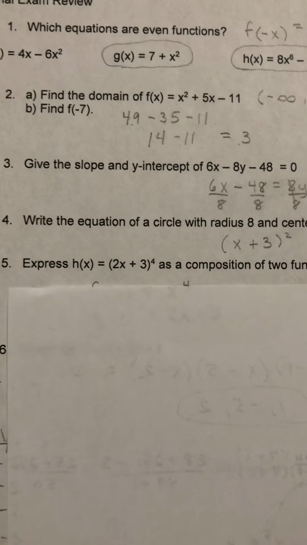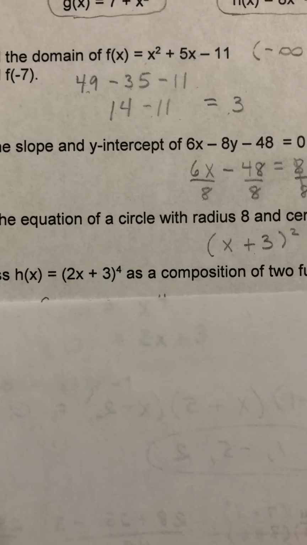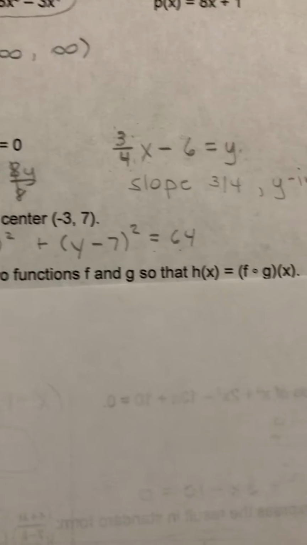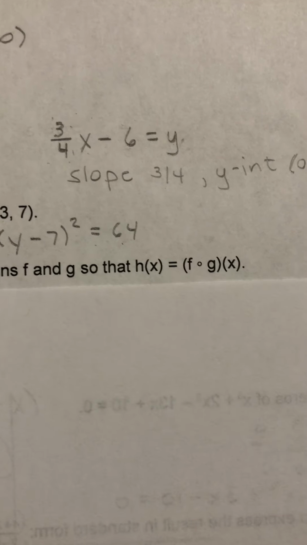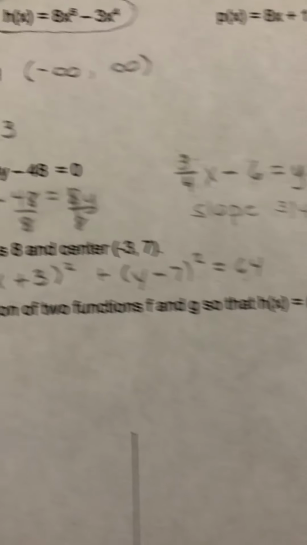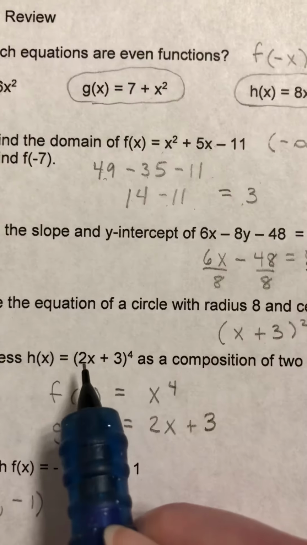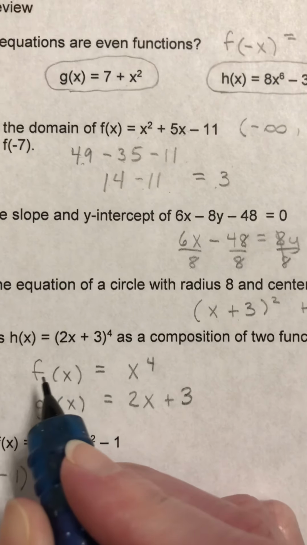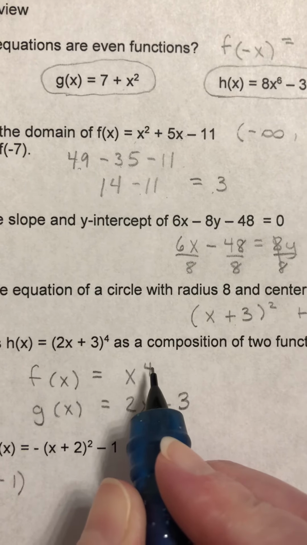Number 5. To express h of x equals 2x plus 3 to the 4th as a composition of 2 functions, f and g, so that h of x is equal to f composed with g of x, what I want to do is let g of x be this, whatever's in parentheses, and then f of x is going to be the function, take it to the 4th power.